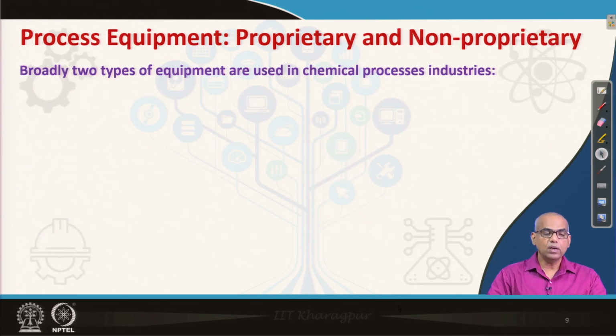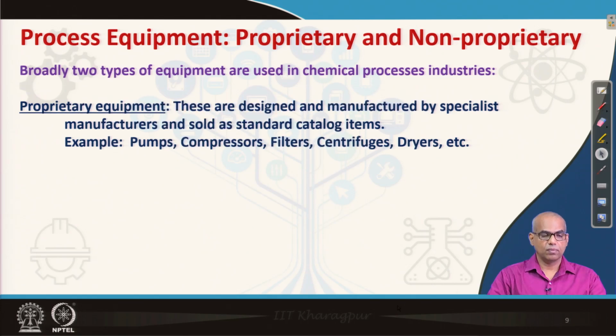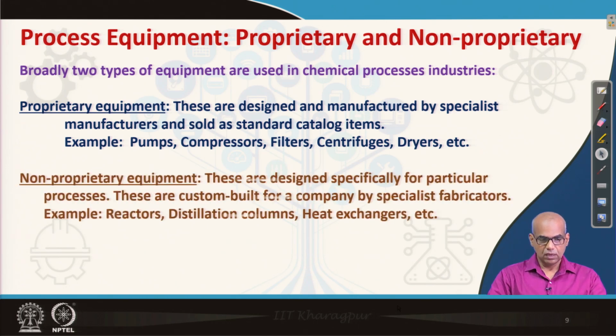Now, broadly, there are two types of equipments that are used in chemical process industries. We call them proprietary equipment and non-proprietary equipment. Proprietary equipment are designed and manufactured by specialist manufacturers and sold as standard catalog items. For example, pumps, compressors, filters, centrifuges, dryers, etc. Whereas non-proprietary equipment are designed specifically for a particular process.